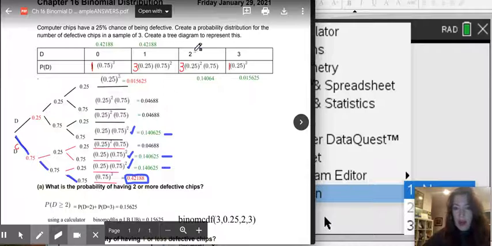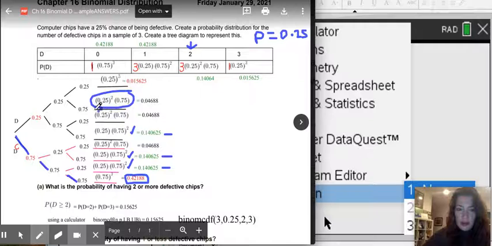All right, and over here we have the 2 being defective. In other words, what's the probability of selecting 2 defective? Remember, the probability of defective is 0.25. So I'm looking for 0.25 squared. And looking at my tree diagram, I can see that this one is 0.25 squared.